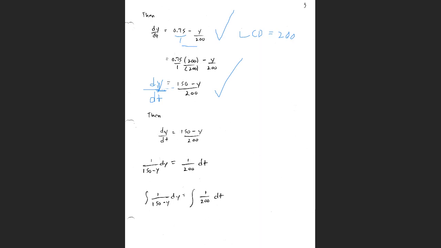So dy/dt is equal to (150 minus y) over 200, and I'm going to separate the variables.